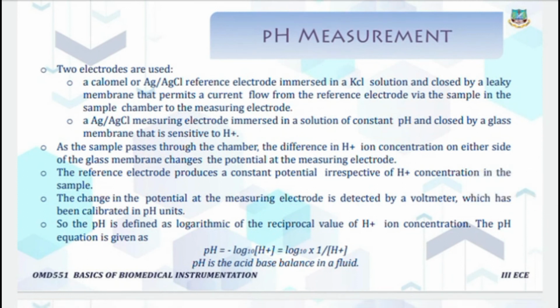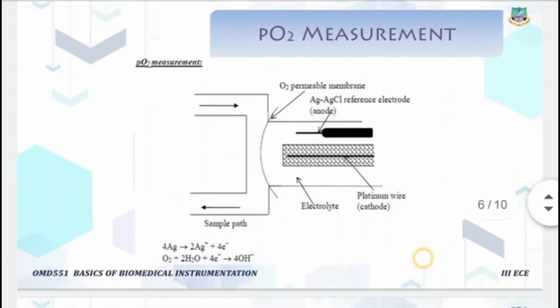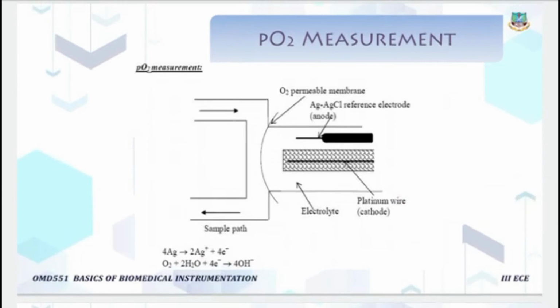Then we are going to see the partial pressure of oxygen measurement. Here the electrode system consists of two electrodes, the reference electrode and the other electrode. Here, a silver or silver chloride reference electrode acts as the anode.